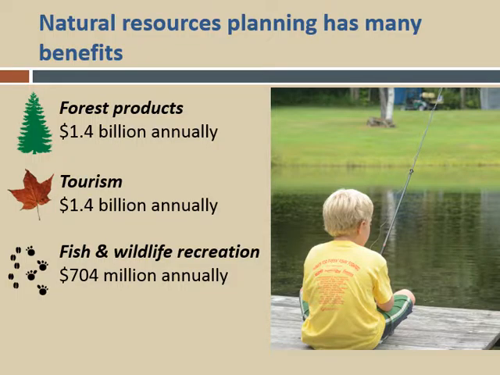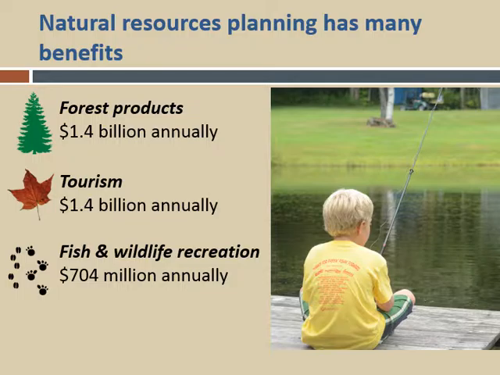So as you're considering how to take action, I just want to share a few additional reasons why you should take action. Healthy natural resources can contribute to a town's environmental well-being, but also contribute to its economy and a sense of place. Let me give you a few examples.